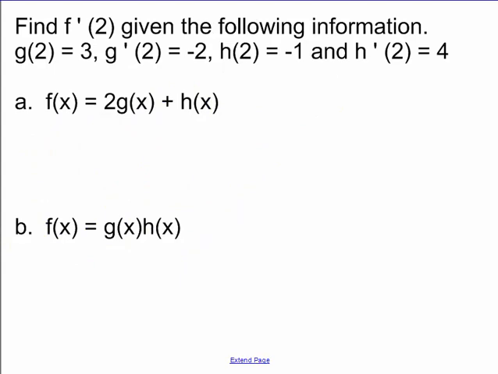Now this is our last question, and this is a very, very, very popular question. So you have to find f of 2, and they give you a bunch of different function values and their derivatives. One thing I want you guys to make sure you're showing me is take the derivative of this, f prime of x. Show me this step of taking the derivative of g of x and the derivative of h of x. Now show me the plugging in of 2.